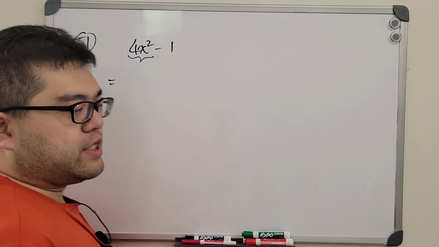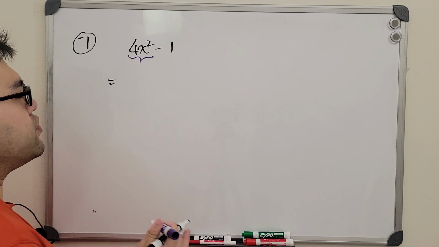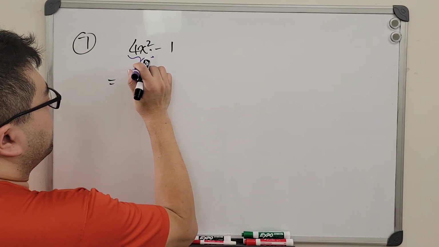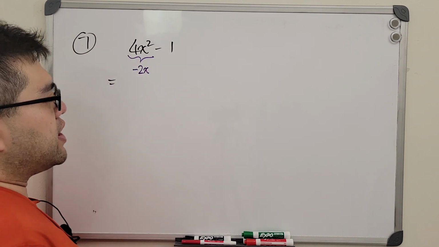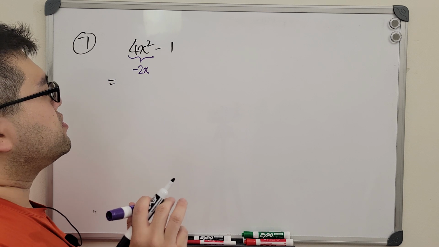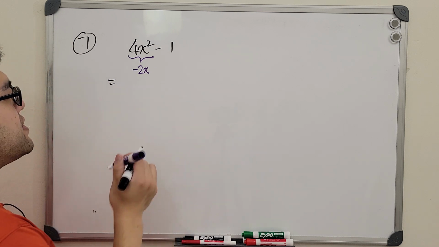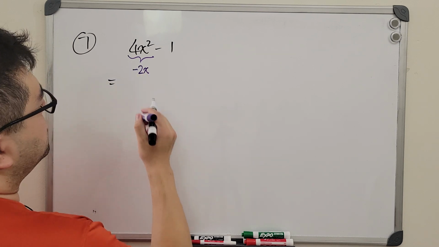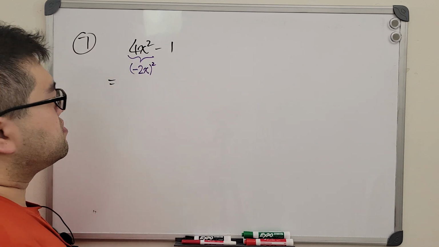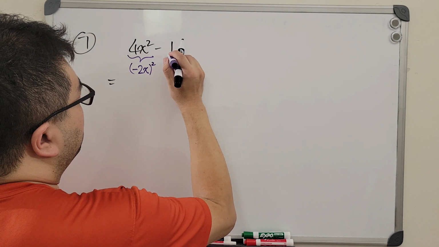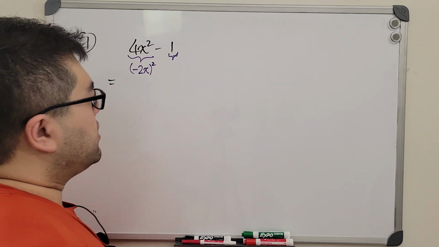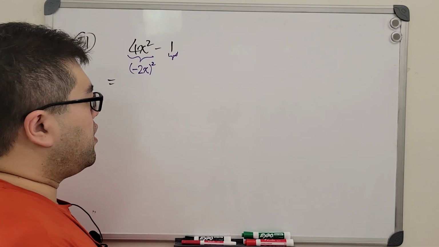And again, it doesn't matter whether we choose positive or negative. In this case, we can see what happens if we choose negative. The negative square root of 4x squared will just be negative 2x. Then for b squared, since b squared is 1, we have b to be positive or negative 1.